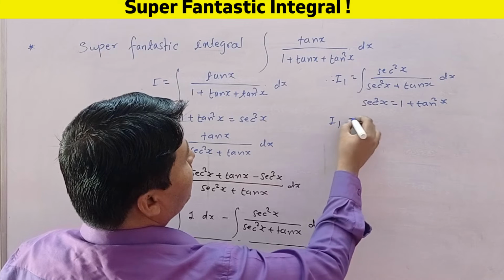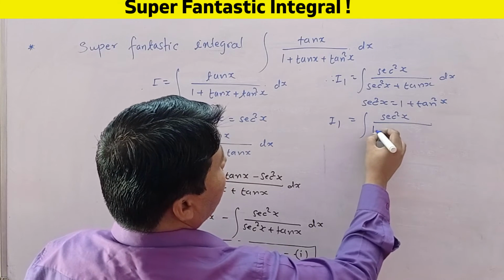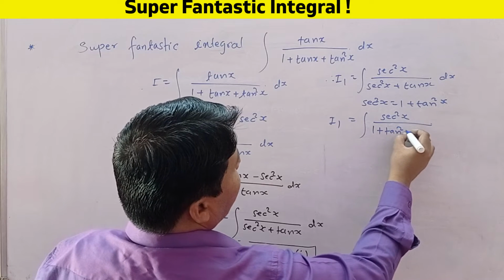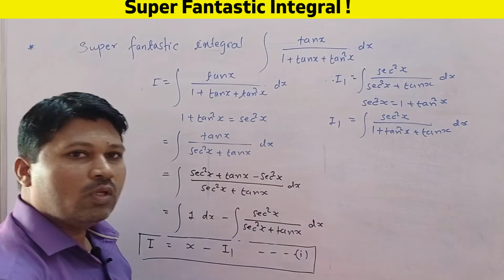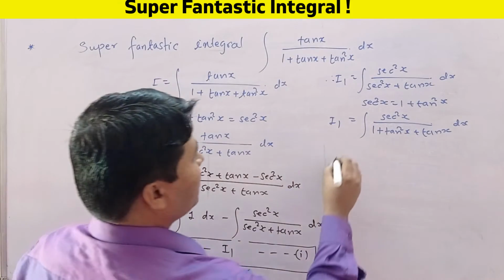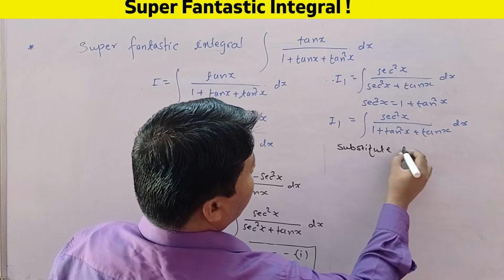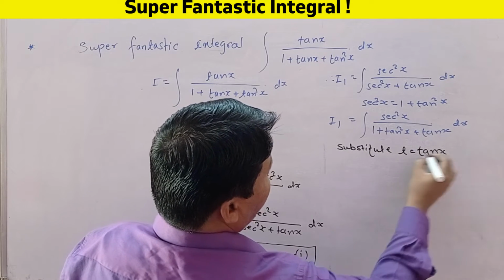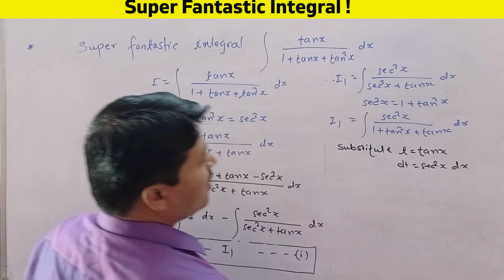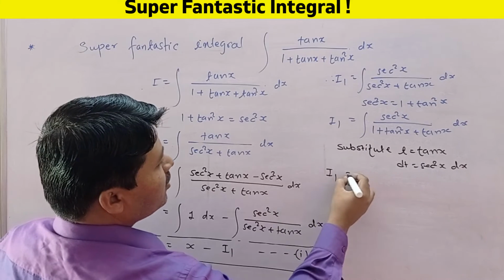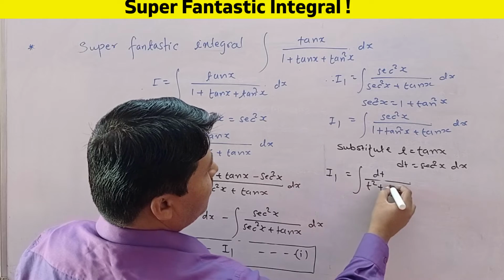Therefore the integration becomes sec square x divided by 1 plus tan square x plus tan x dx. Now we use the substitution method. Suppose t is equal to tan x, and we get the derivative dt is equal to sec square x dx. Therefore I1 becomes dt upon t square plus t plus 1.